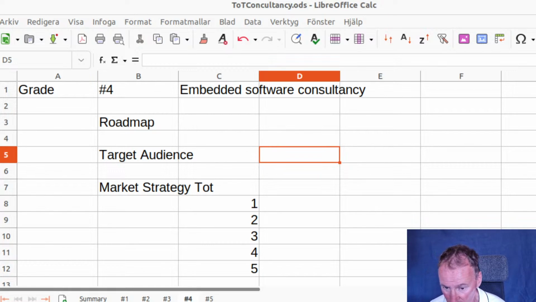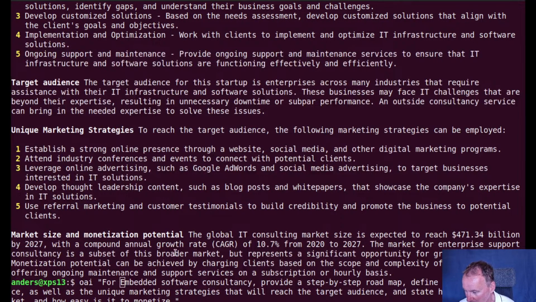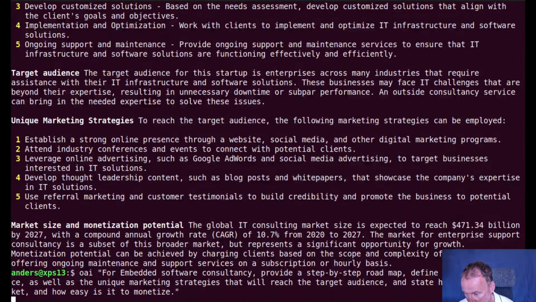Oh, sorry, I didn't change the window. Okay, so for embedded software consultancy, let's go.